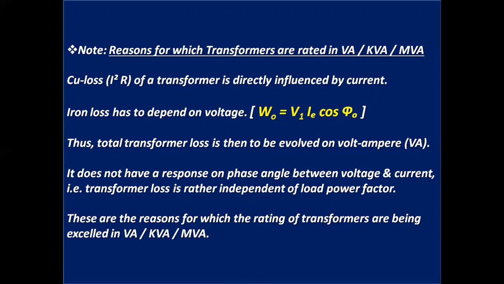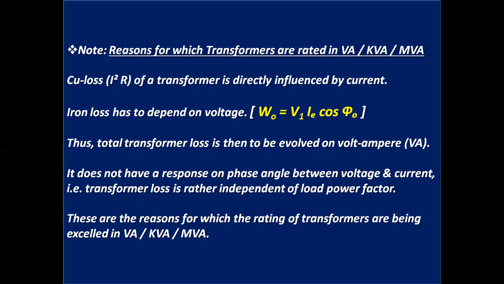Reasons for which transformers are rated in VA, kVA, and or MVA. Number one, copper loss, I square R loss of a transformer is directly influenced by current. Number two, iron loss depends on voltage. That is, W0 is equal to V1 IE cos phi 0.